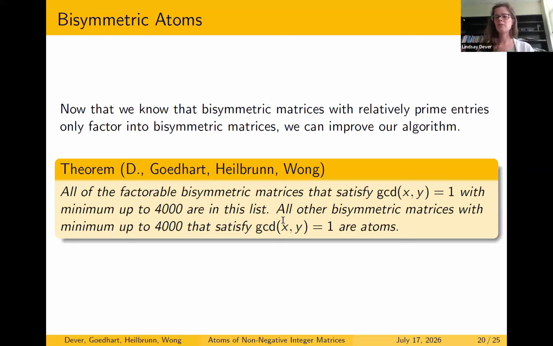Because of our upper bounds, we know that all other bisymmetric matrices with minimum up to 4,000 that have relatively prime entries are atoms. So this is a complete list of factorable matrices up to that minimum where you have relatively prime entries.